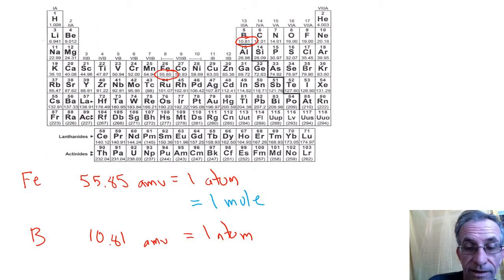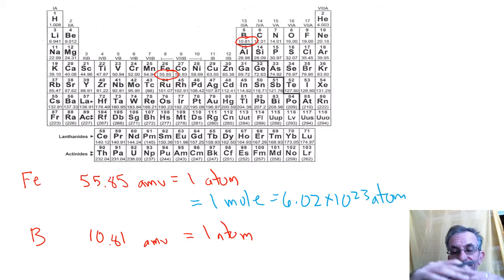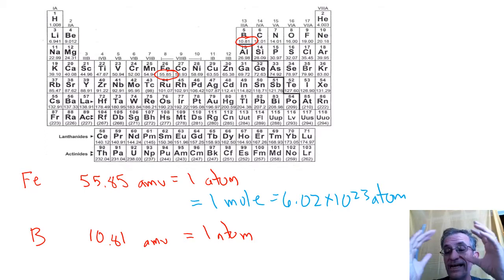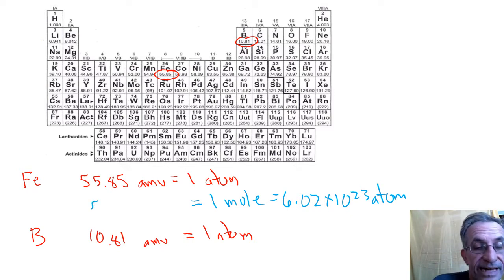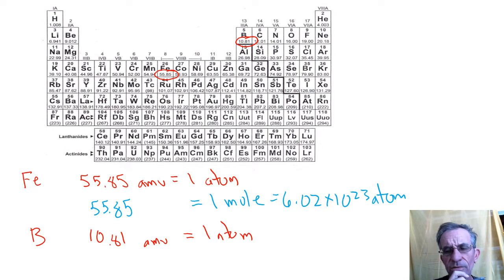It's 6.02 times 10 to the 23 atoms. If I have this ginormous collection of atoms, billions and billions of atoms, which we call a mole, the weight of all of those atoms together still would weigh 55.85, but not AMU, 55.85 grams.